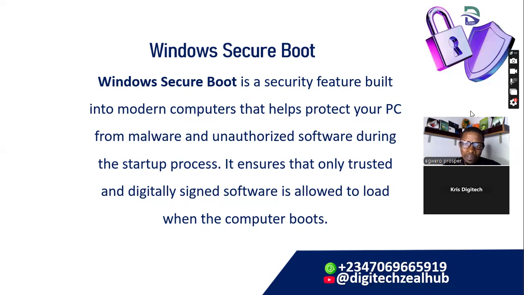So just to emphasize a little, we did establish that malware are suspicious softwares that can be used to exploit or take advantage of a system, right? An example of malware could be a virus, a Trojan, a worm, and the rest of them, so that we know what exactly we are using this particular feature to protect our system from.